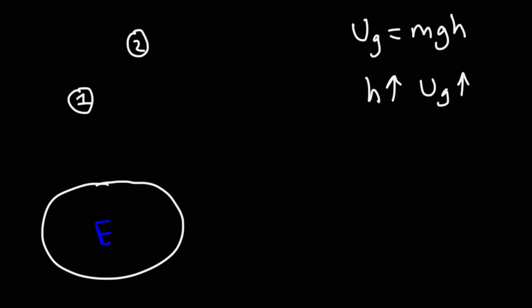Because object 2 is at a higher position than object 1, it's going to have a higher potential energy. So this object wants to move from a high position to a low position. As it does so, energy will be converted from potential to kinetic.